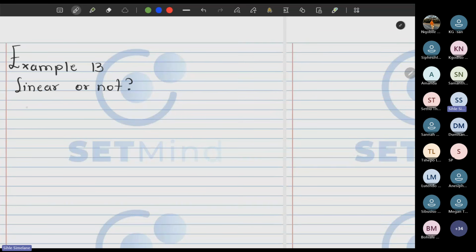What we are given is that P of y equals y squared. So what we know, guys, is that I need to do two tests. This is your tutorial question.